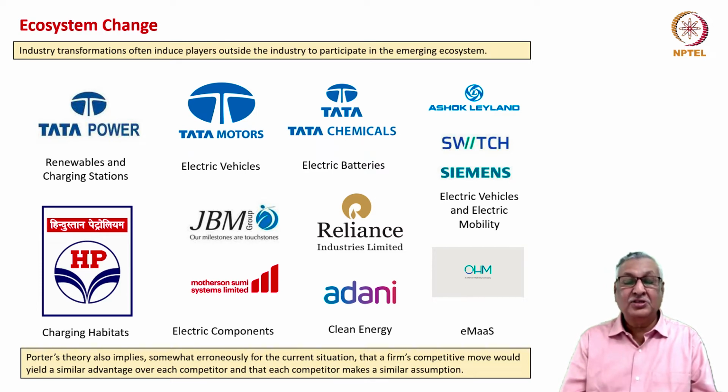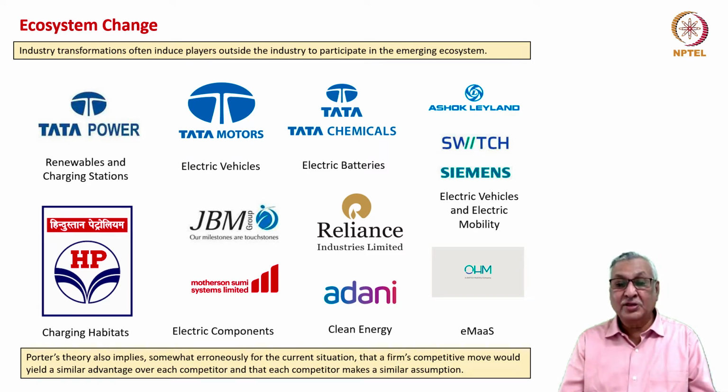There are companies such as JBM Group, which are getting into electric buses and electric components. Motherson Sumi Systems wants to get into electric components. Tata Chemicals has made a foray into electric batteries, given its core competence in materials development. Reliance Industries wants to supply hydrogen and also wants to get into renewable energy. Adani is focused on clean energy, which could be an input to the automobile industry transformation.